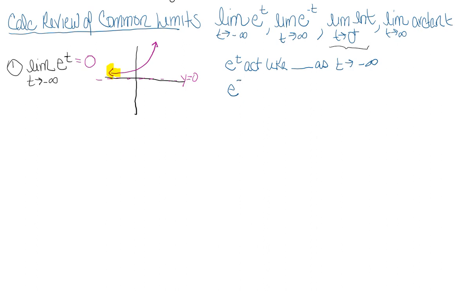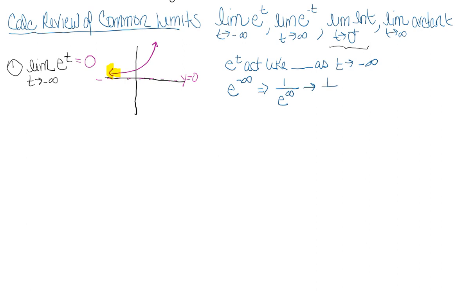I'm going to rewrite that. Again, this isn't technically how you should write it, but it is useful. So e to negative infinity, we know we can rewrite negative powers as 1 over e to those positive powers. And really where I'm getting at in this case is e to the infinity, any number to infinity, as long as it's positive and above 1, is going to get very big.